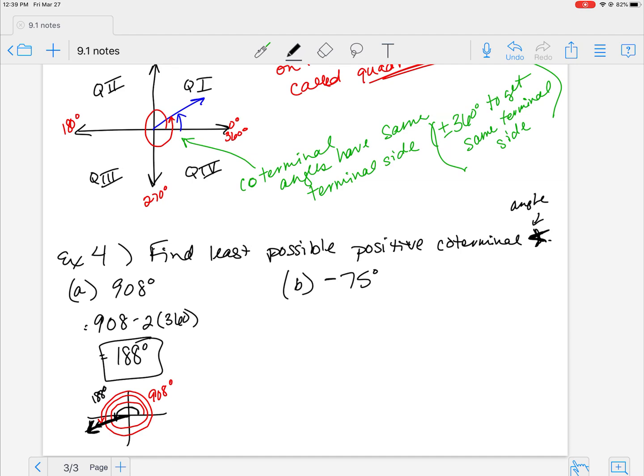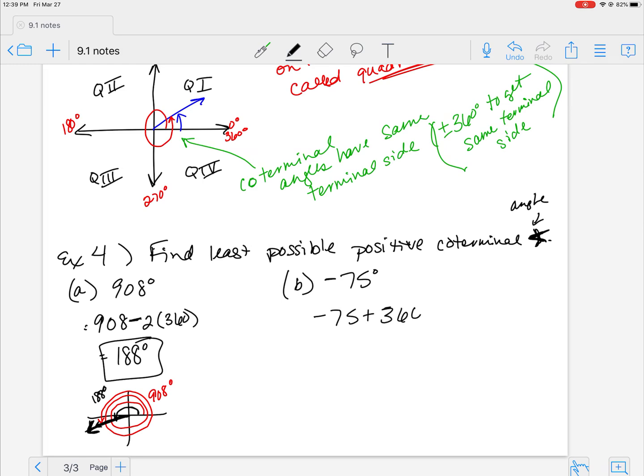Negative 75 degrees. So if I want to say what is the coterminal angle here, I want to look and say, okay, if this is already negative, then how am I going to make this positive? Over here, I subtracted. Let me make this a bigger subtraction. I subtracted because I had this super big positive, subtracted to bring it back down into the realm.